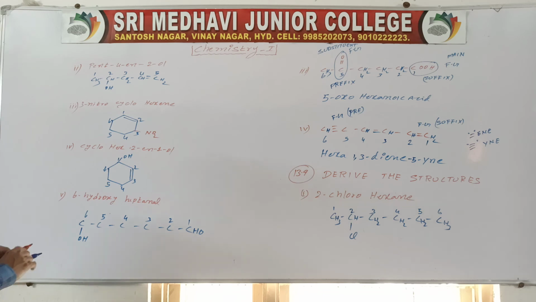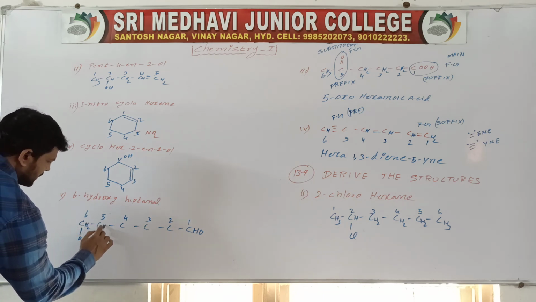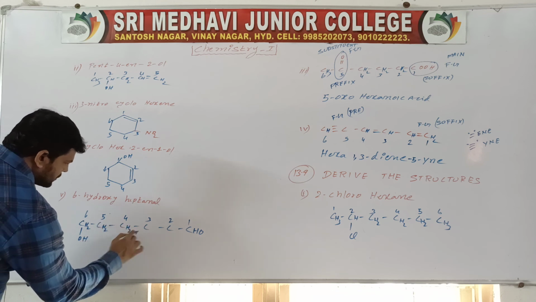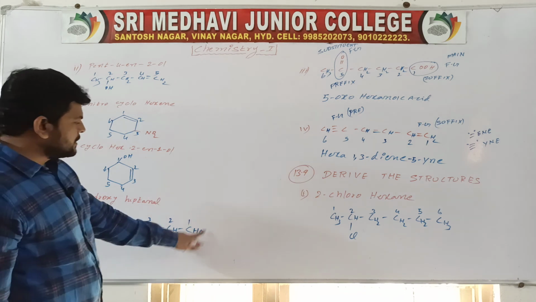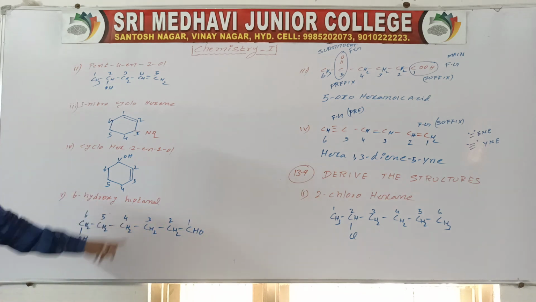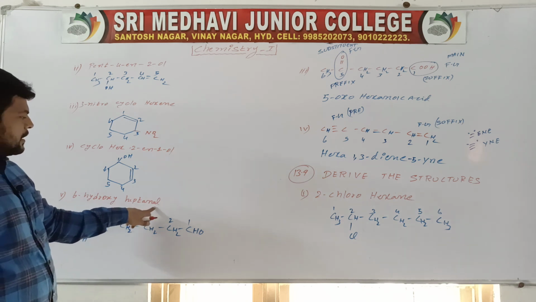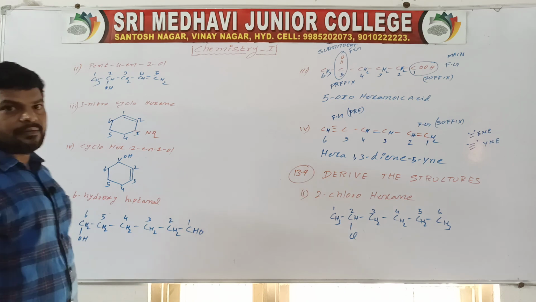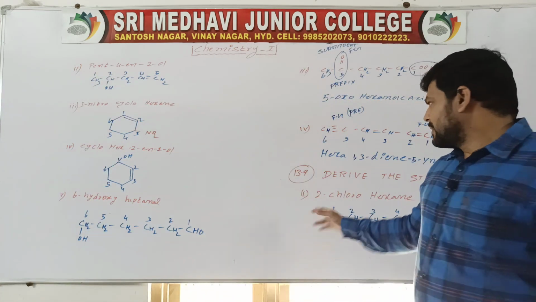Here CH2, CH2, CH2, CH2, CH2. This is 6-hydroxyheptanal, two functional groups. It is alcohol, substituent hydroxy, heptanal. Al means aldehyde. So this is the way we have to write.